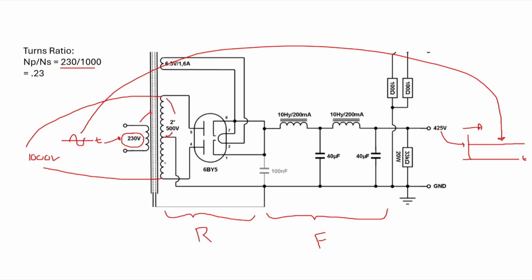The overall turns ratio is 0.23. So it's lower than 1, so it's a step-up transformer. We don't even need to concern ourselves with that anymore because this designer's already chosen this transformer. All right, let's get into rectification. I always lose my cursor. It's a little tiny dot. Wish I knew how to make it bigger.